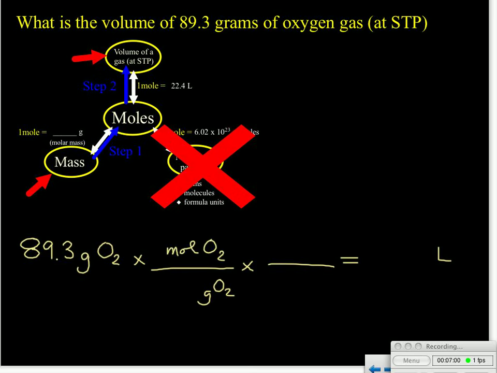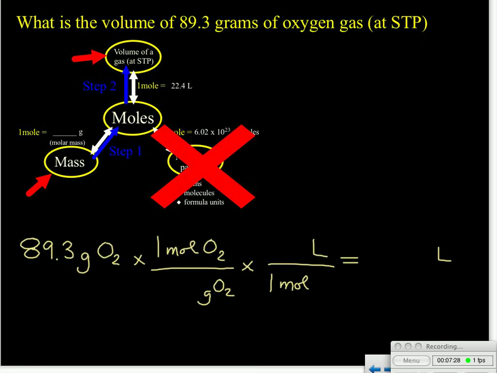Our second step is to convert from moles into the liters of the gas. To get our moles to cancel, we'll put the moles on the bottom and we'll put our liters on top. We always say that with these mole highway calculations, the mole is number one. The number one always goes with our mole term, so we'll put in our ones there. Now, oxygen gas is diatomic, it's O2.